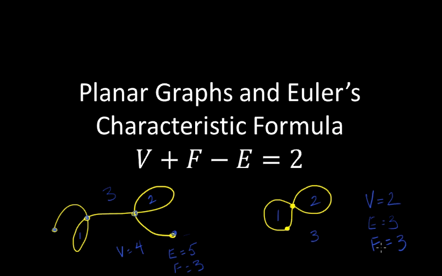So this is just 2 examples of planar graphs, and you see that vertices plus faces minus edges is indeed 2. You might want to try this yourself just to be convinced that these planar graphs satisfy Euler's characteristic. We will prove it, but let's just try one more.